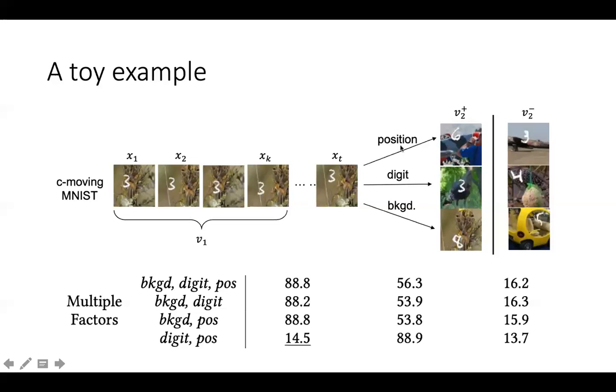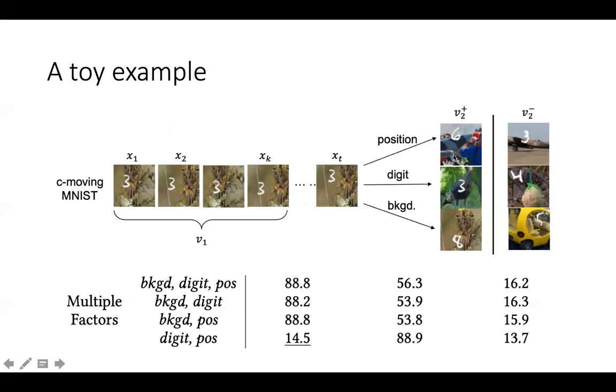You can see in this example, the digit position of v2 plus is the same as xT, but the digit and the background image are randomly sampled. Therefore, the mutual information between v2 and xT is only the digit position. And because v1 can deterministically predict the position of the digit in xT, the mutual information between v1 and v2 is only about the digit position.